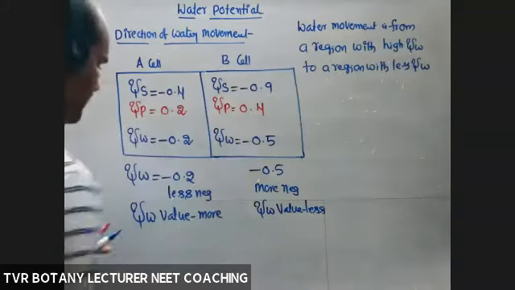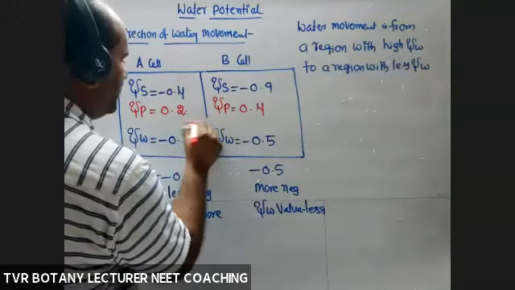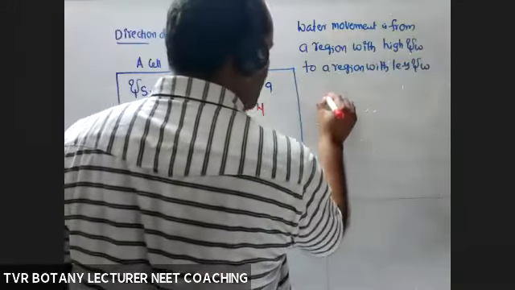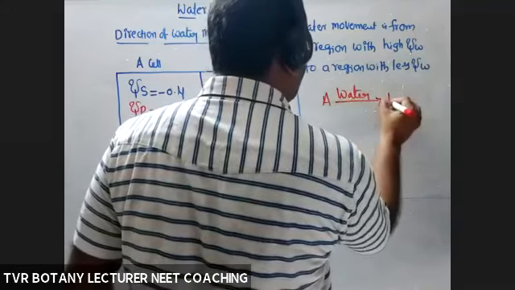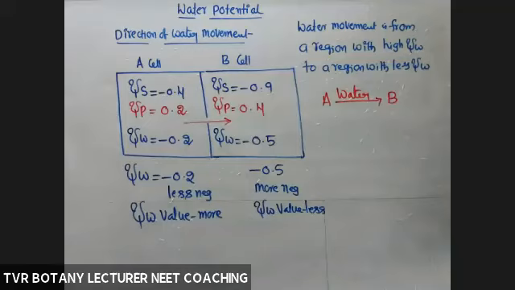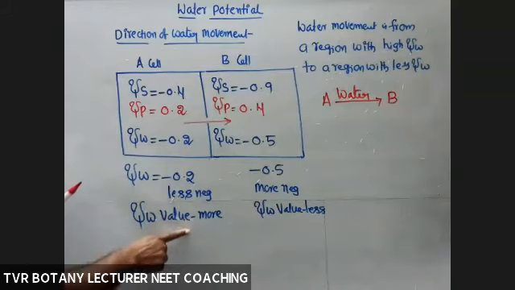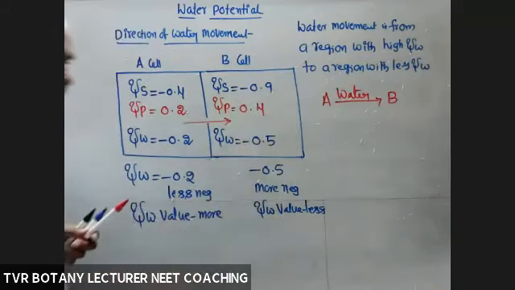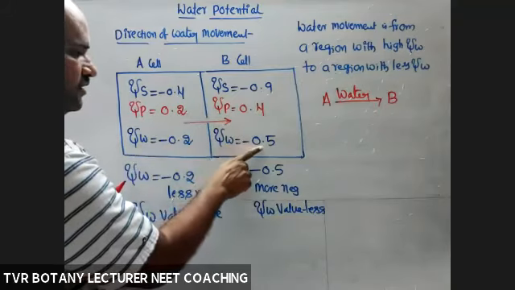Okay, so according to that statement, now what about the direction of movement of water? Here, direction of water movement is from A to B cell. Okay, right? So less is the negative value, more is its value. More is the negative value, less is its value. So according to water potential values, definitely we are able to decide the direction of movement of water. So less negative to more negative, high water potential to less water potential.